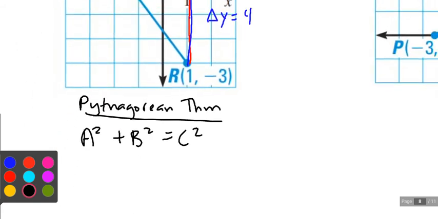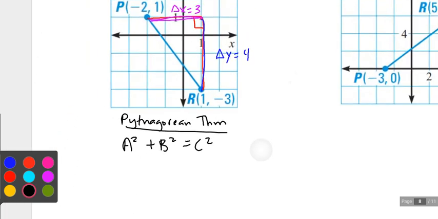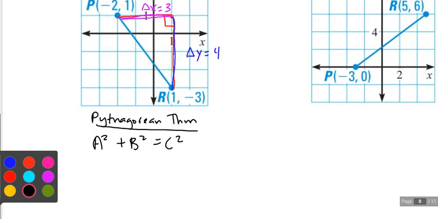It doesn't matter what you use for a and what you use for b, as long as we acknowledge that the c value is the hypotenuse, which is the exact length PR that we need. Just for the sake of substitution, let's put 3 in for the a, and 4 in for the b.